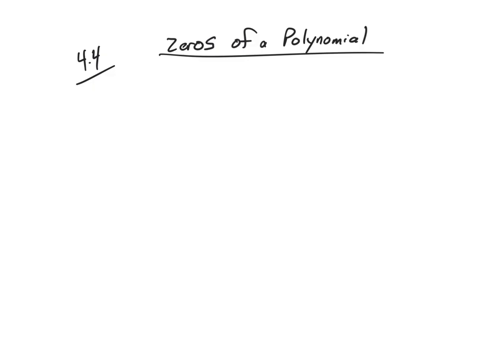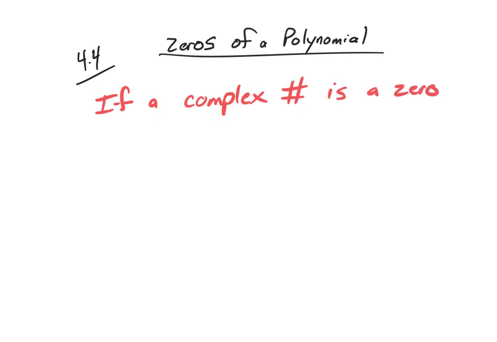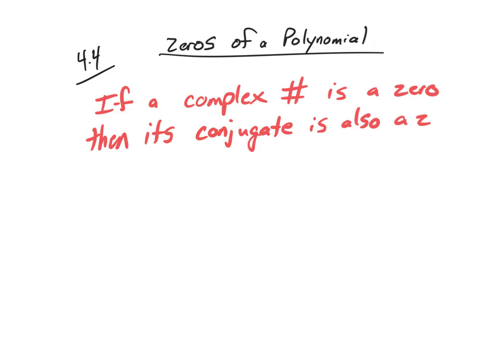The first one, if a complex number is a zero, then its conjugate is also a zero. Okay, so a couple of words in there.